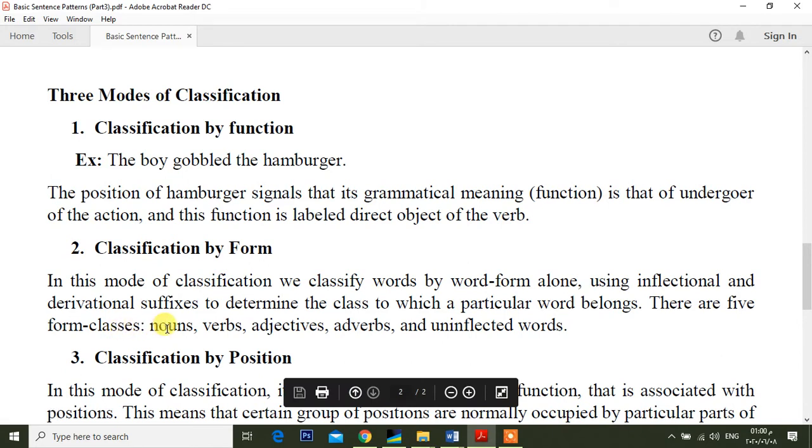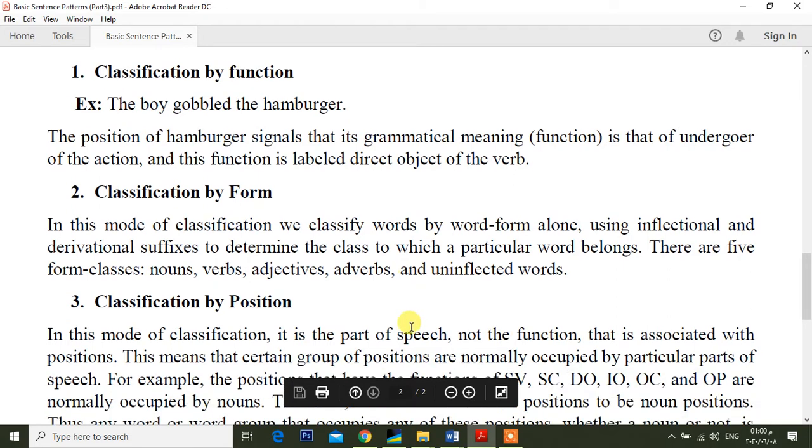For example, nouns, verbs, adjectives, adverbs, and uninflected words. So the second one is just classification by form. You look at the word to see whether its form is noun, verb, adjective, adverb, or uninflected word.